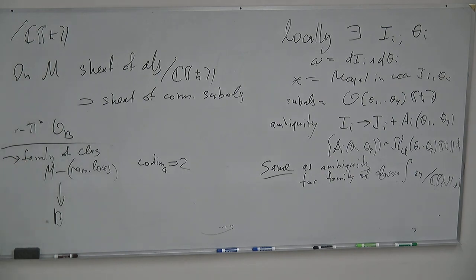And when you remove something of codimension 2, something funny can happen. Like if you remove 0 from C^2, you can deform it in such a way that you cannot fill 0. You get infinitely many new parameters, so the things will be not fillable. And I want to say that one can control how it's not fillable in a completely universal manner.